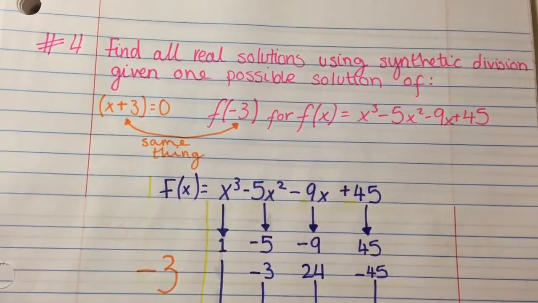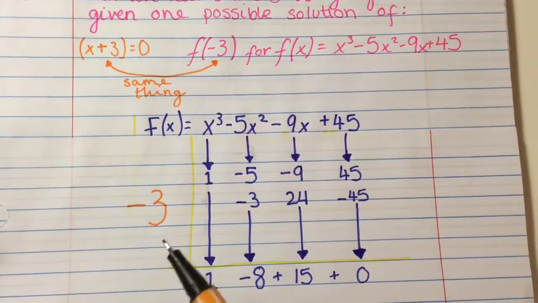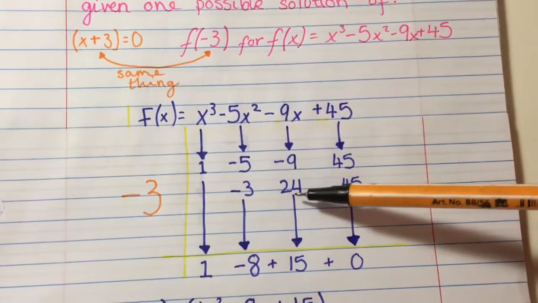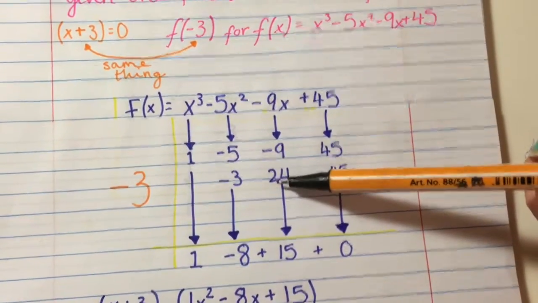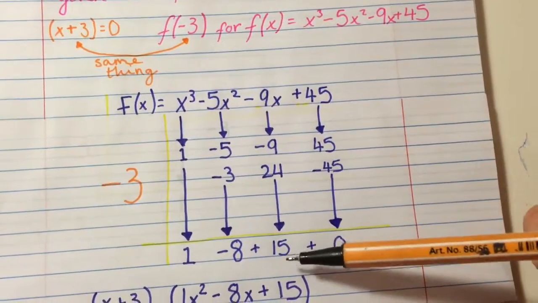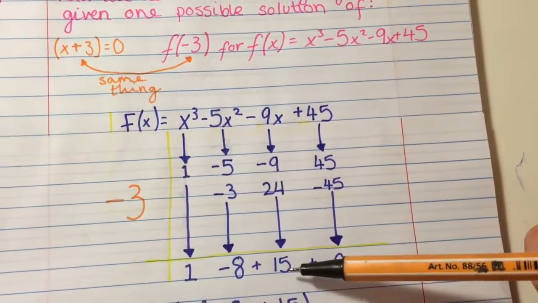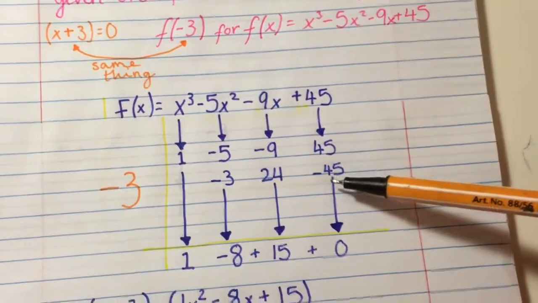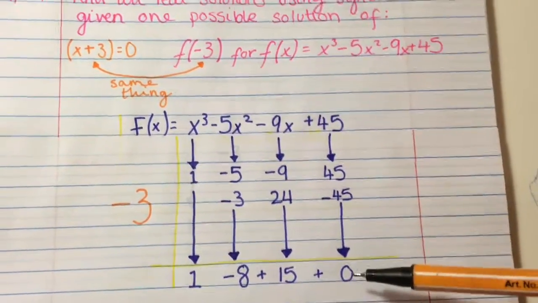And then with -8, you times that by -3, and then that's going to equal 24. So then you add -9 and 24, which is going to equal 15. And then you times 15 by -3, and it's going to equal -45. So then these two cancel out, and it's going to be 0.